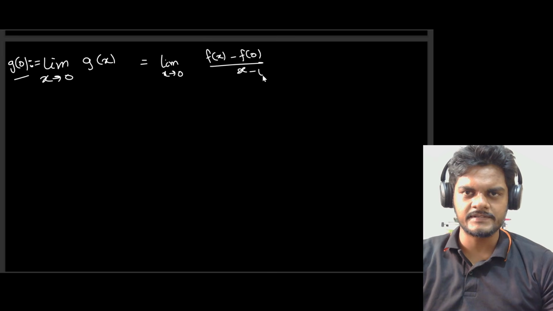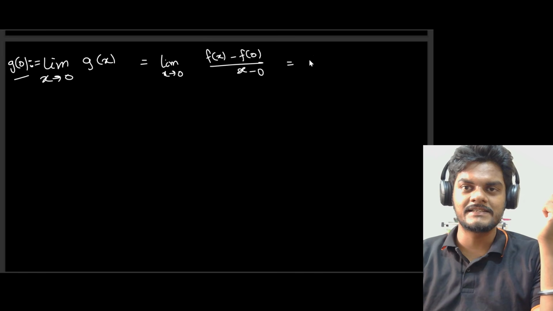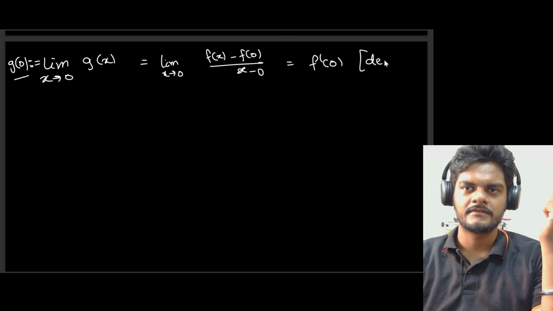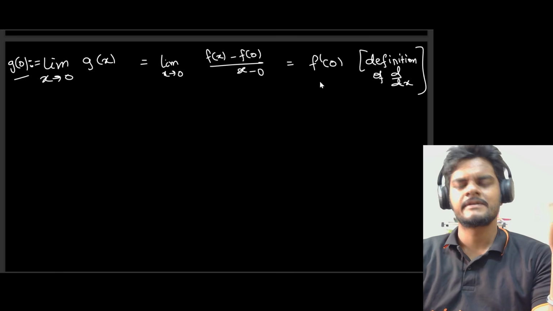If you notice, this is precisely the definition of differentiation. This is f dash of 0. This is the definition of derivative at 0 of f of x.